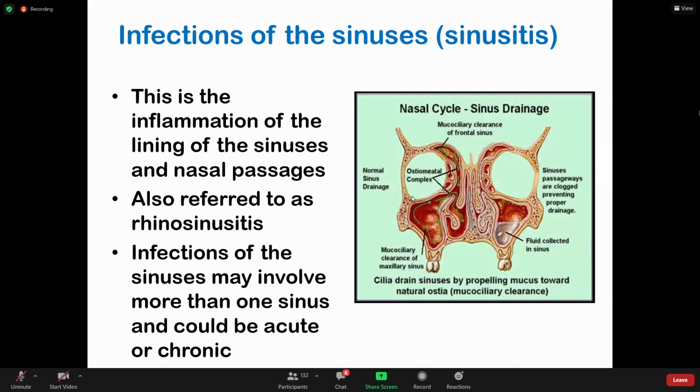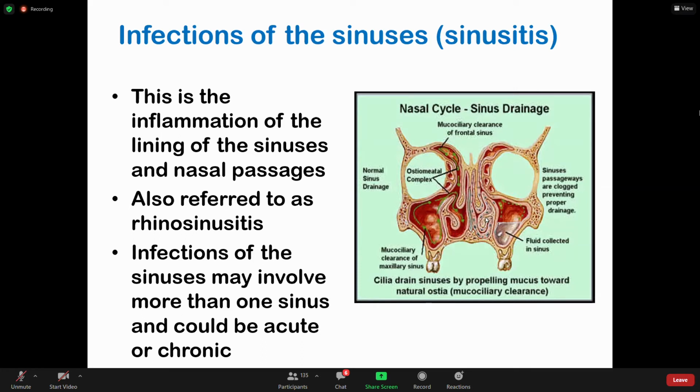With the normal sinus drainage, you can see the green arrows showing how the secretions will flow out, and there is no pooling of body fluids. However, when there is inflammation of the lining of the sinuses and the nasal passages, as depicted on the right side of the diagram, see here you have the normal situation, and you can see that the openings are quite prominent.